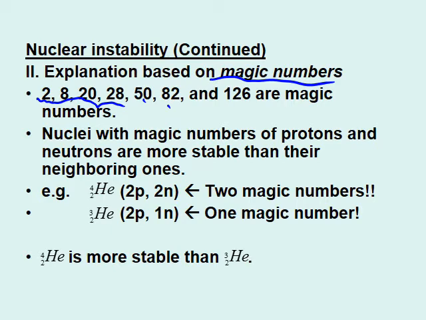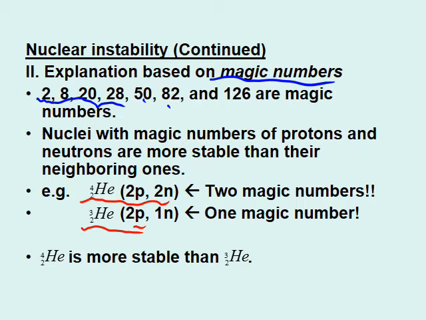As an example, helium having 2 protons and 2 neutrons, and both are magic numbers because 2 is a magic number. On the other hand, helium-3, this is an isotope of helium, having 2 protons. Keep in mind, helium will have to have 2 protons because atomic number 2, as long as you talk about helium, we're talking about atomic number 2.